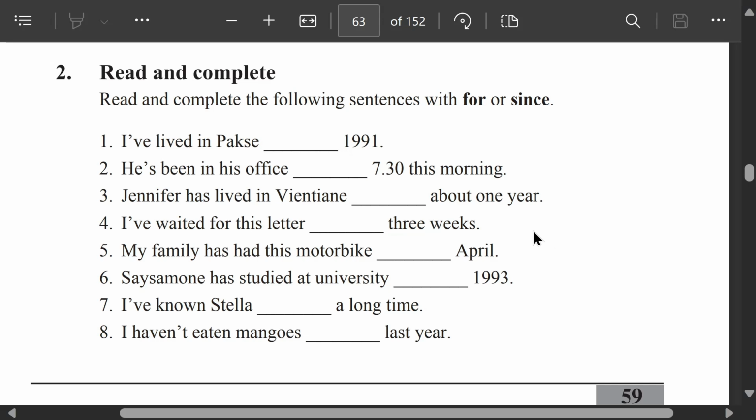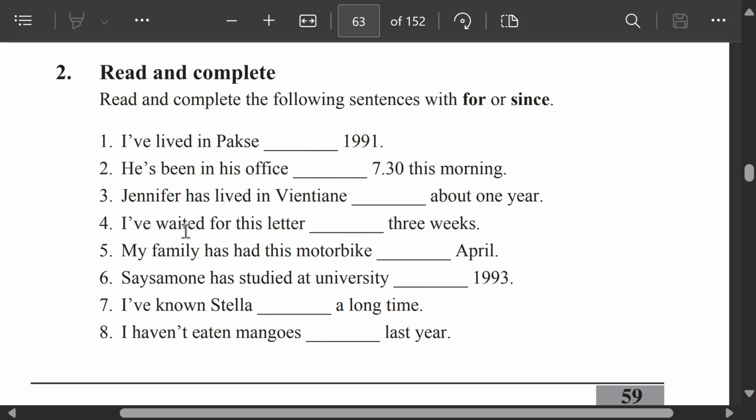Are you sure? Yes, for about 1 year. This is a period of time. It's not talking about the beginning of something. It's just an amount of time. It could be in the past or not. Jennifer has lived in Vientiane for about 1 year, could be the recent past.